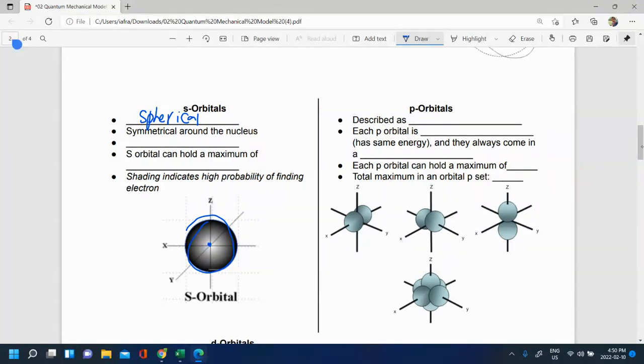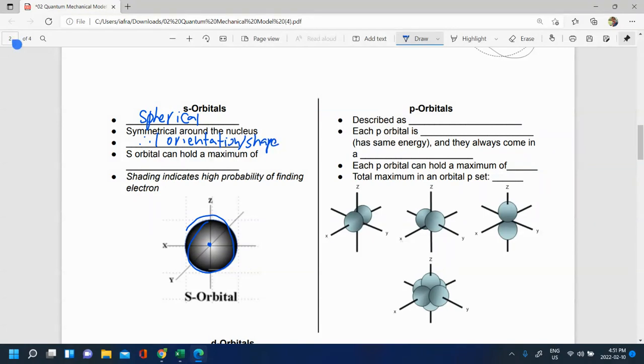So there's really only one orientation around the nucleus. It doesn't matter which way you turn the ball, it always looks the same. It doesn't matter how you put it on this 3D plane here. So there's always only one orientation or shape.